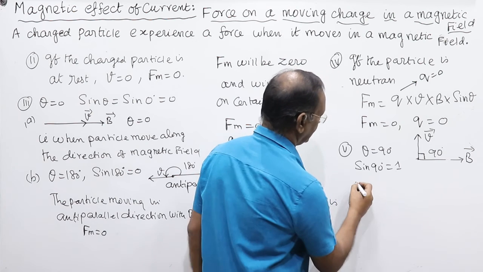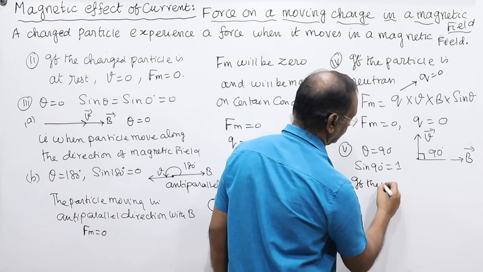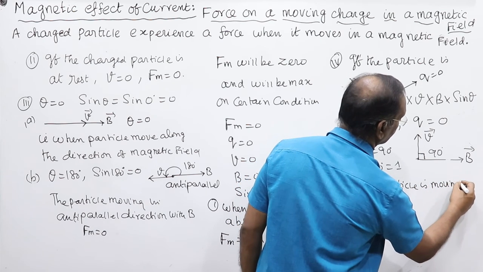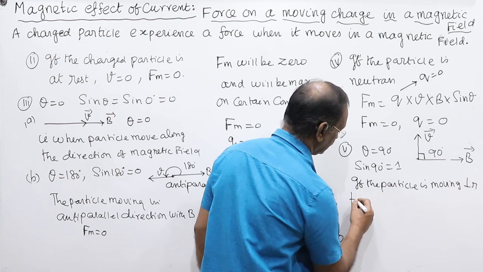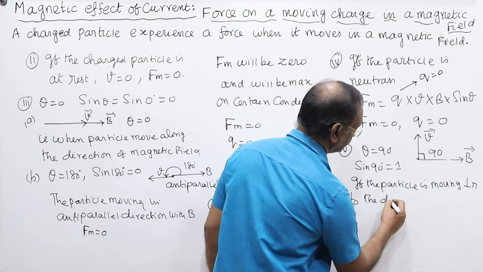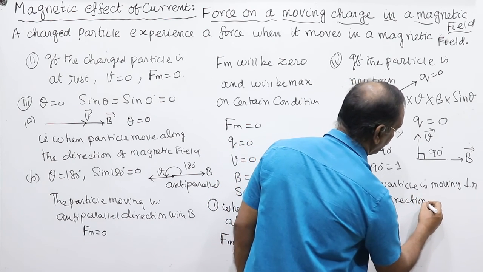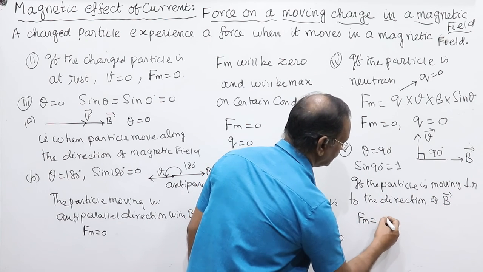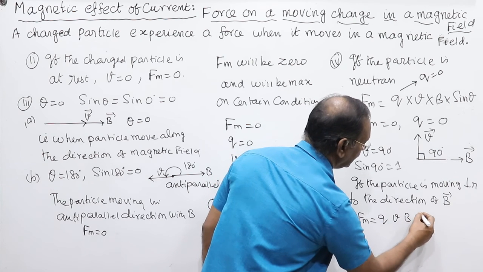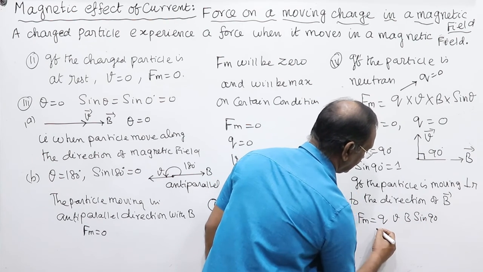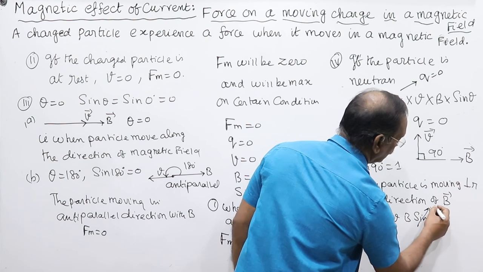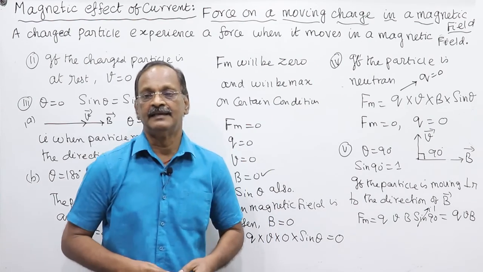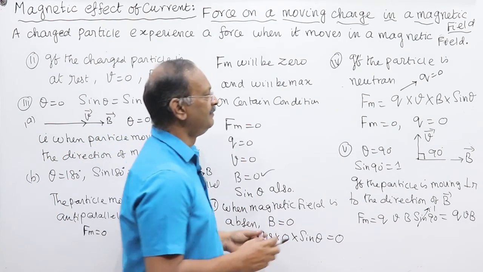If the particle is moving perpendicular to the direction of B, then magnetic force is equal to Q into V into B into sine of 90, which is equal to 1, so Q into V into B. In that condition, the magnetic force will be maximum.